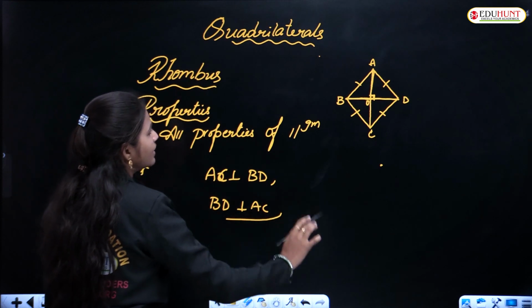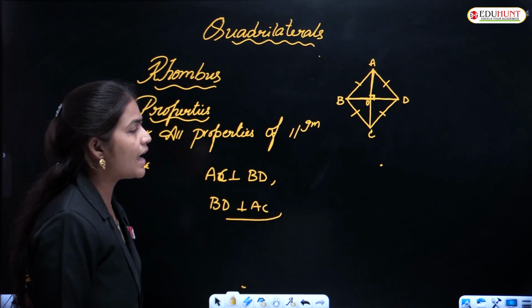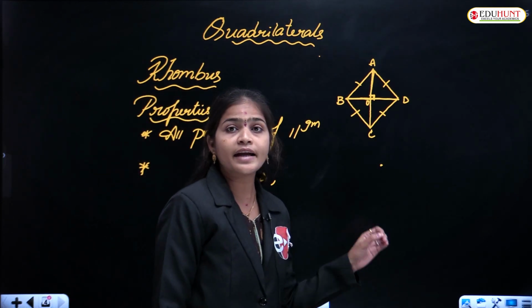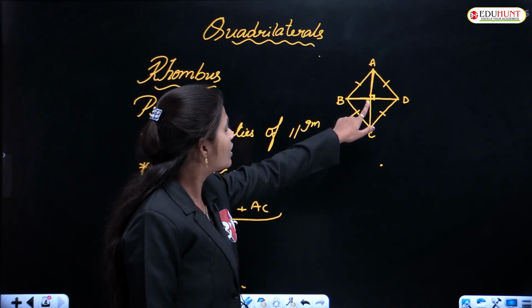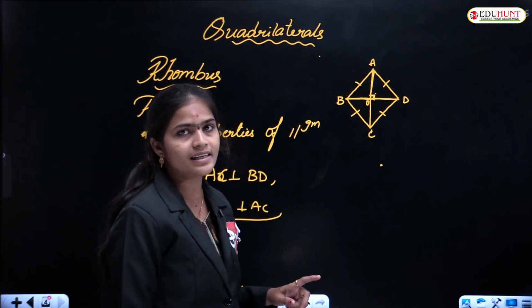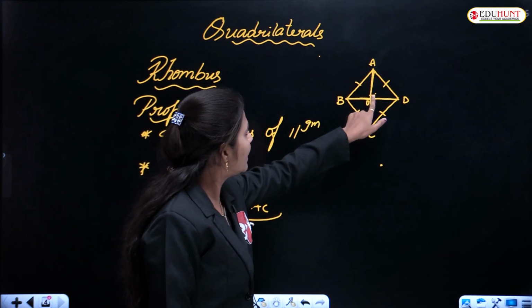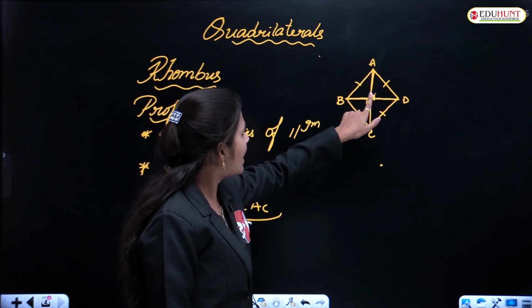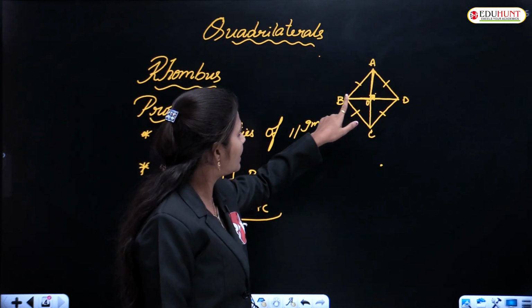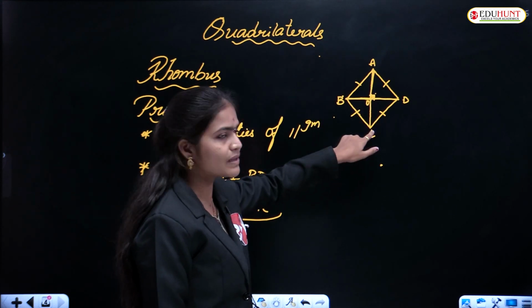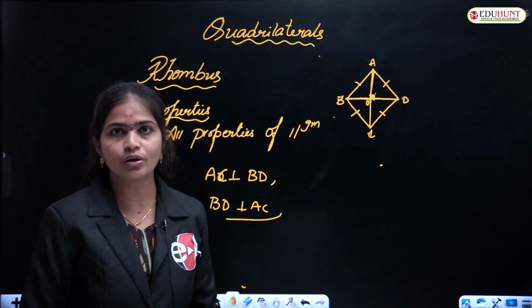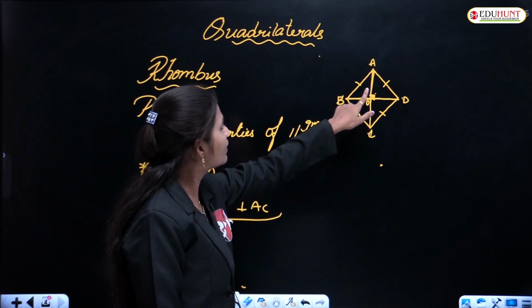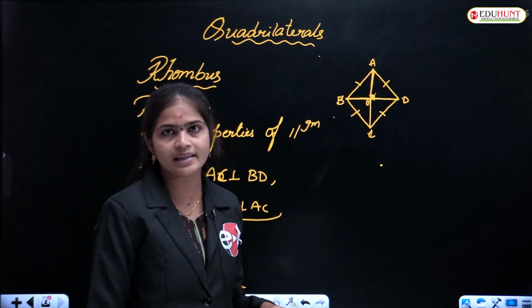Those two diagonals bisect each other at perpendicular angles, so at O the angle is 90 degrees. Angle AOD is 90, angle AOB is 90, angle BOC is 90, angle DOC is 90. So at O we can observe four right angles.